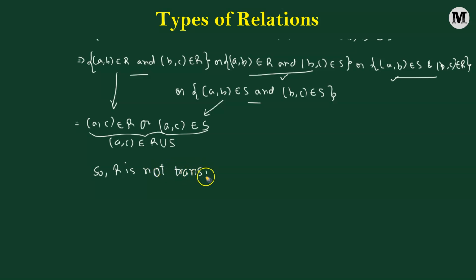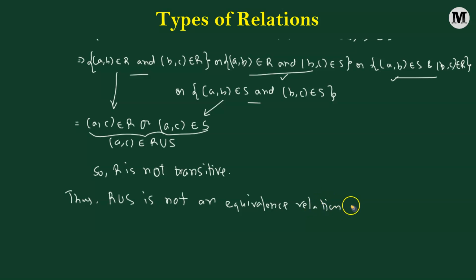Now if R union S is not a transitive relation, we can safely say that R union S is not an equivalence relation on the set A, right?